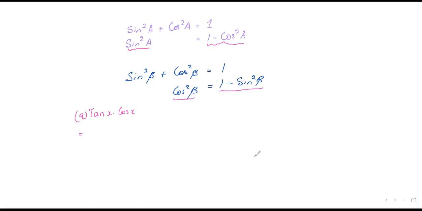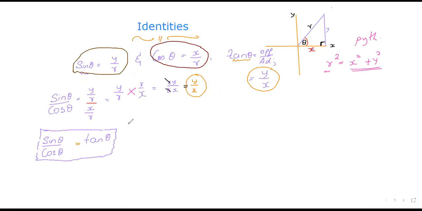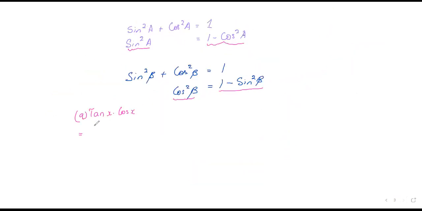A tangent of x in terms of sine and cos is the sine of x divided by the cos of x, multiplied by the cos of x, over 1.